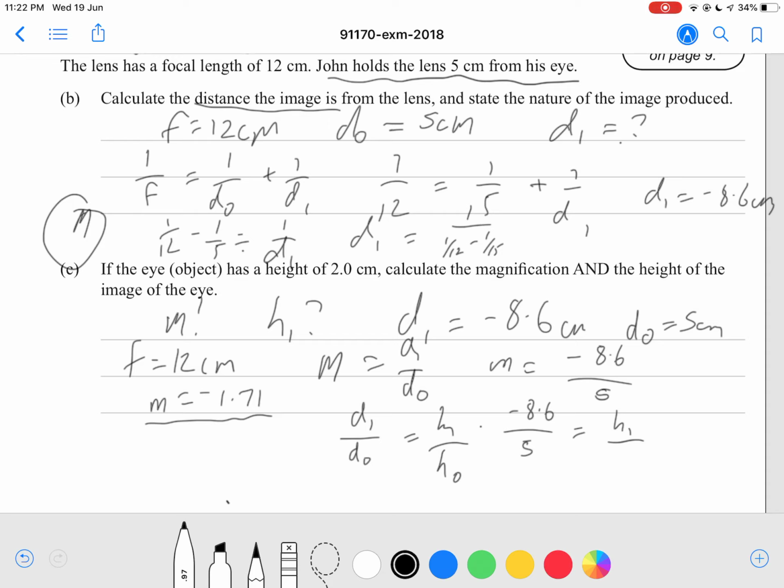The height of the object we do not know. Basically, we know that hi over ho is also equal to magnification, so hi over ho equals negative 1.71. How are we going to work this?